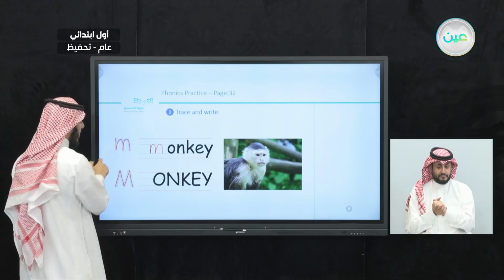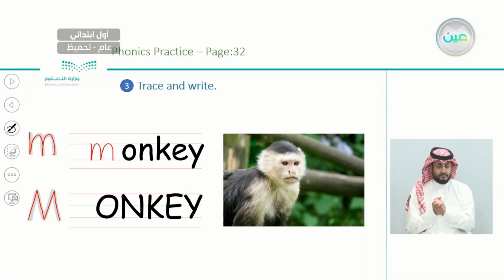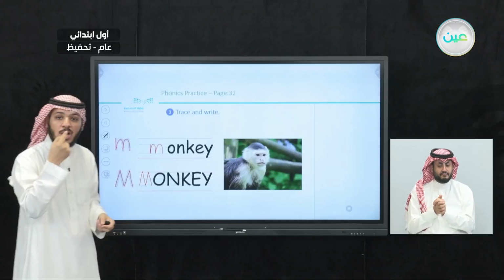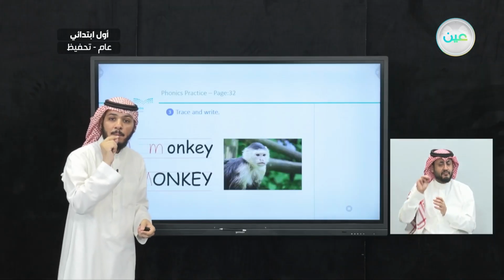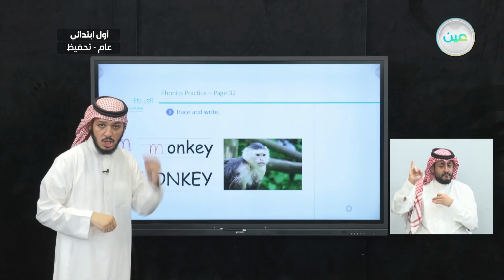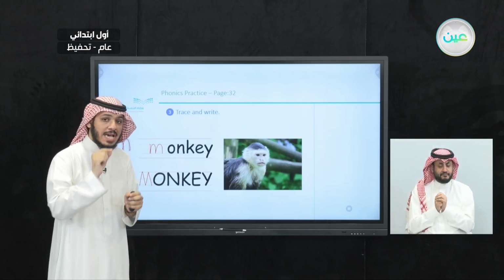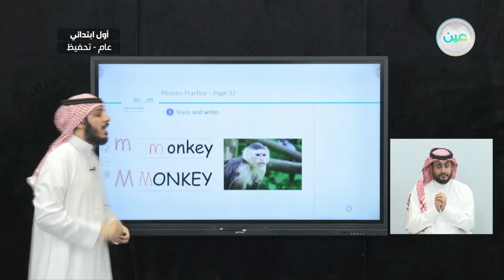Now let's write it next to the word monkey. So M, up, and then down again. So this is monkey. We pronounce it as monkey. Okay, excellent.